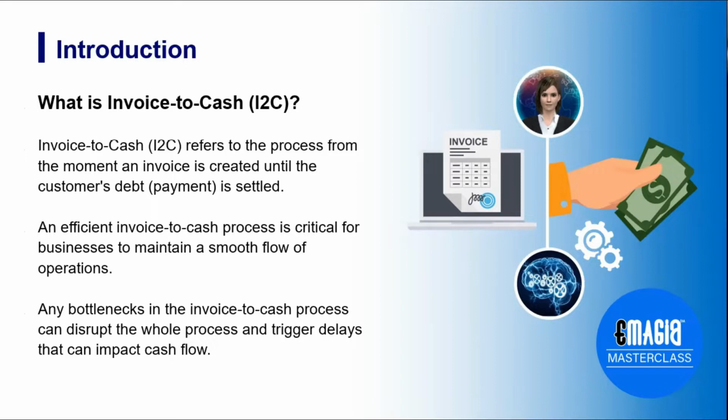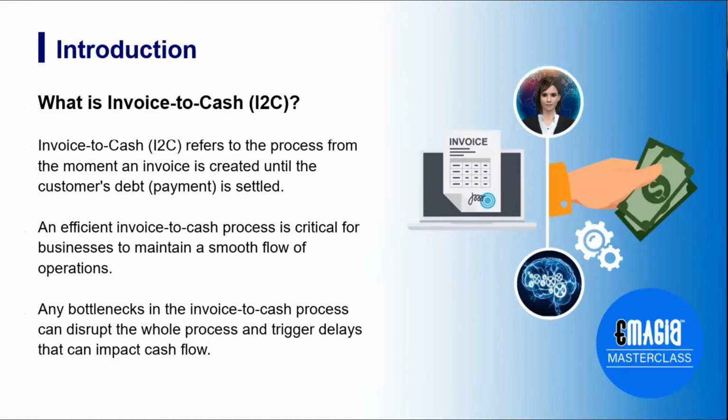Cash from receivables is, for most companies, the single largest cash inflow they get on a regular basis. Now, they may borrow a large amount, and for a one-time inflow, that's very large. But for day by day, week by week, month by month, the cash flow in comes from receivables, which are generated by the invoice-to-cash process.